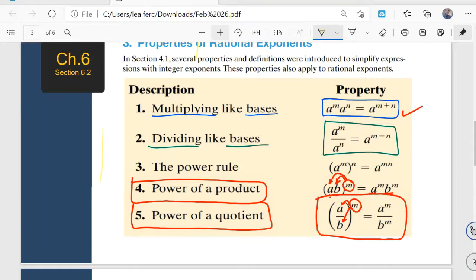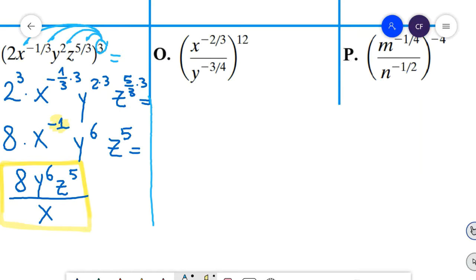Let me just show, since we are here working together, and we have 12, I have to distribute to the numerator and the denominator. So it's going to be x negative 2 over 3 times 12 over y negative 3 over 4 times 12.